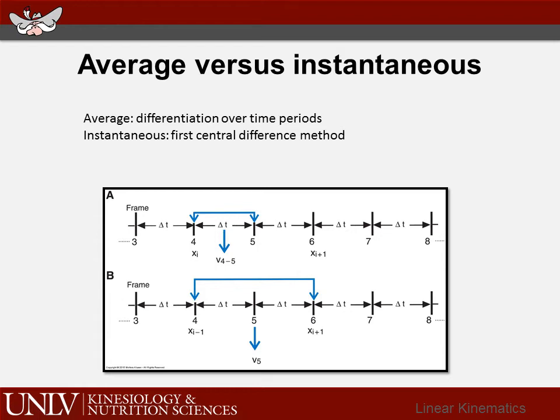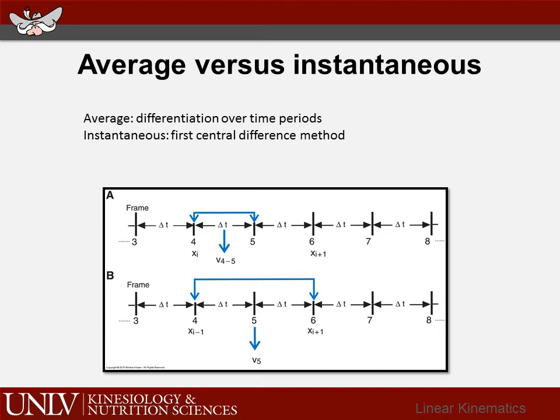So this is just going to be another illustration of what we just talked about. On average, you're going to think about differentiation over a time period. For instantaneous, the method we're using is called the first central difference method. A is the average calculation, so you're looking in between frames at what is happening, but you don't actually see what's happening.